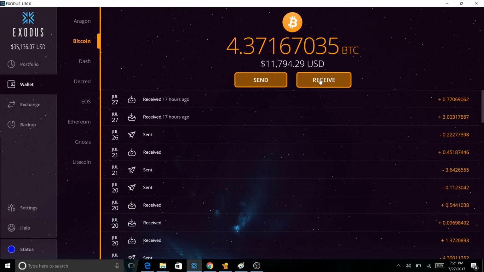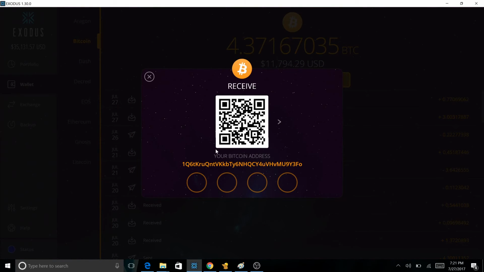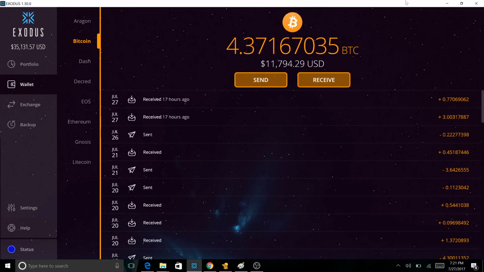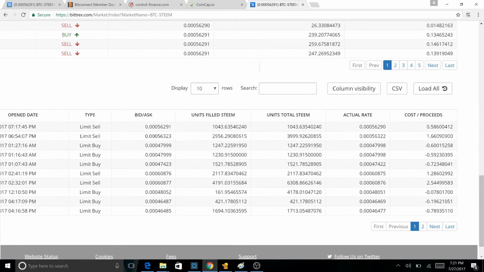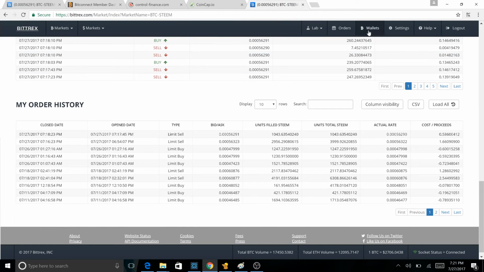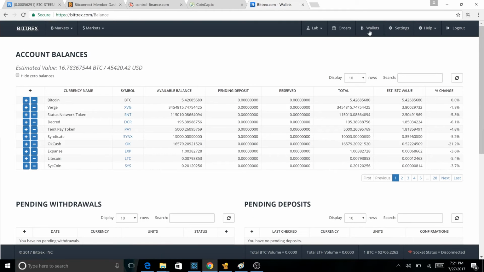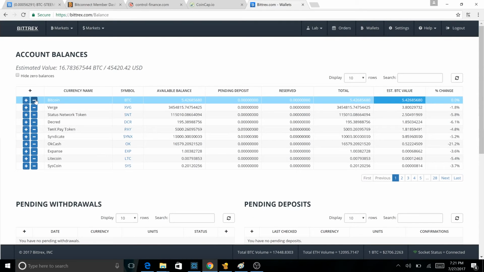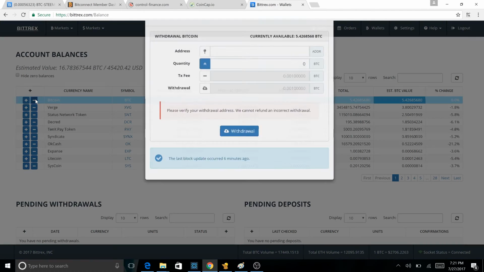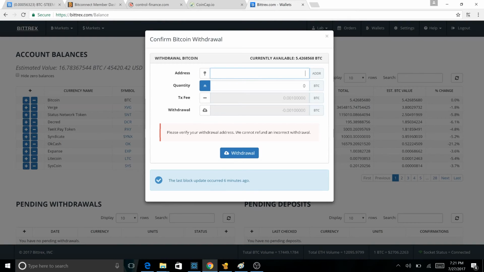I'm going to go ahead and click on receive on the Bitcoin address, and I'm going to copy the address. Then I'm going to go back into the Bittrex exchange. I'm going to go up to wallets in the top. I'm going to hit the minus sign on Bitcoin because I'm wanting to withdraw. I simply paste my address in the address box. Then I put the amount of Bitcoin that I'm wanting to send.